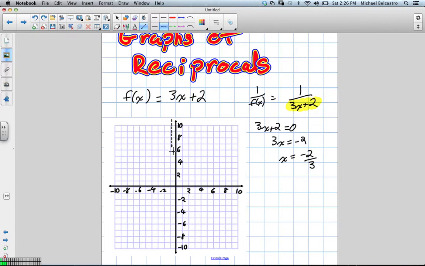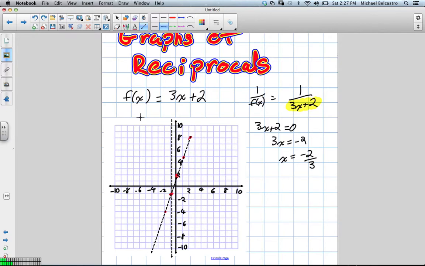So I guess that's somewhere like this, you could say. Okay, there's our horizontal asymptote for the reciprocal function. The original function has a y-intercept of 2, and it goes up 1, 2, 3 over 1, and then down 1, 2, 3 over 1. That should be there. Okay, so we'll try to connect the dots.